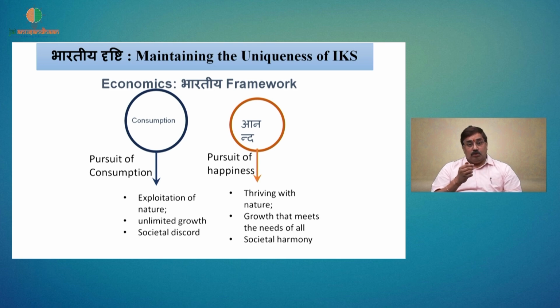So consumption of more goods, consumption of basically bigger houses, bigger cars, bigger salaries. That's essentially what the pursuit of consumption will lead to. Again, what will that lead to? Mathematical certainty that it will lead to exploitation of the nature, unlimited growth, which is not possible in a limited world, and societal discord, because there will always be winners and losers when there is excessive competition.